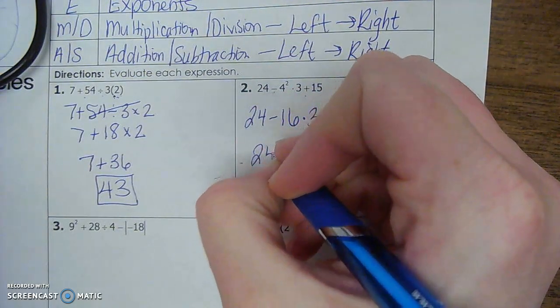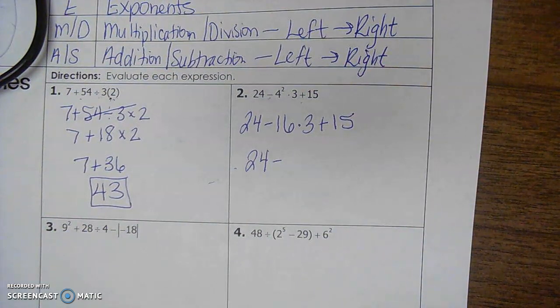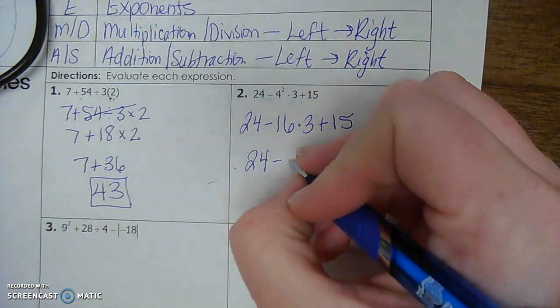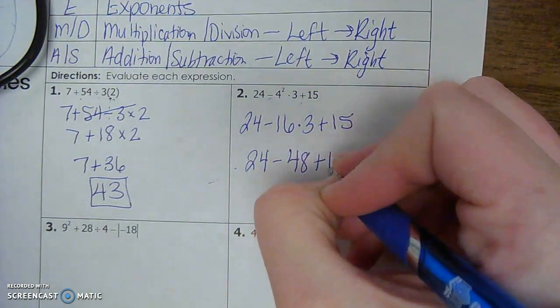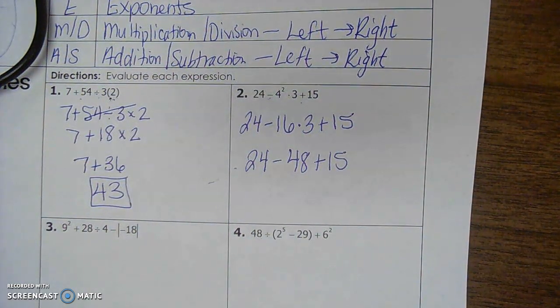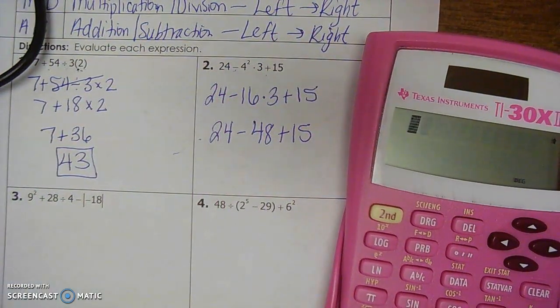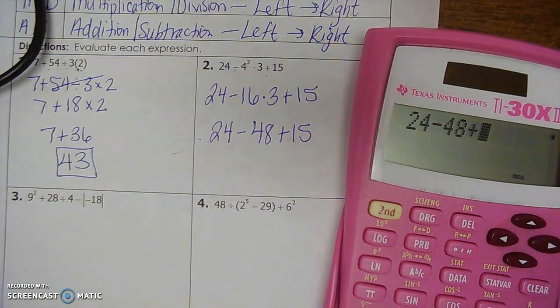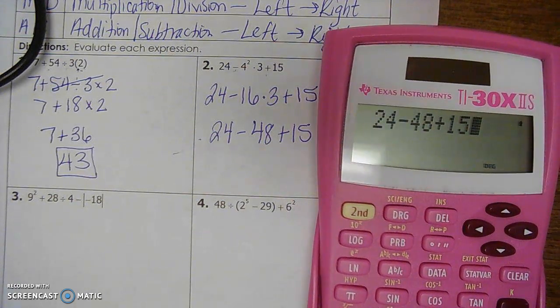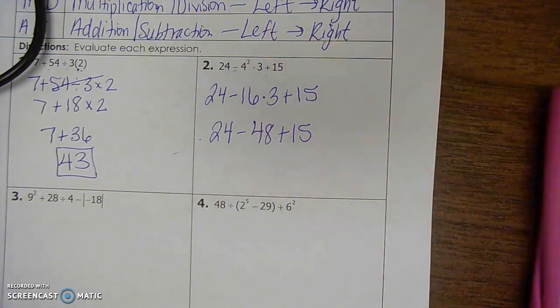So 24 minus 16 times 3 is 48 plus 15. Once you have it all addition and subtraction, then you can go ahead and do it all at once. So in your calculator, you could do 24 minus 48 plus 15. All right, I'm fine with that all going in by itself, all addition and subtraction, and we get negative 9.